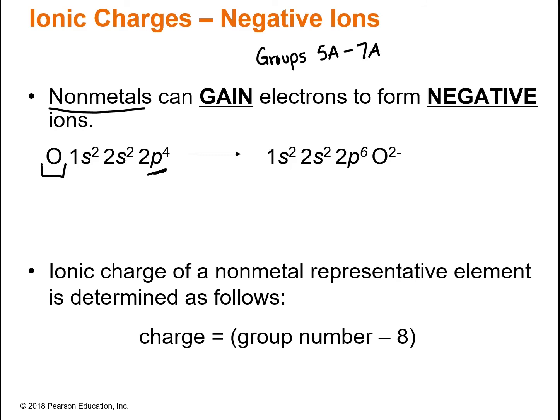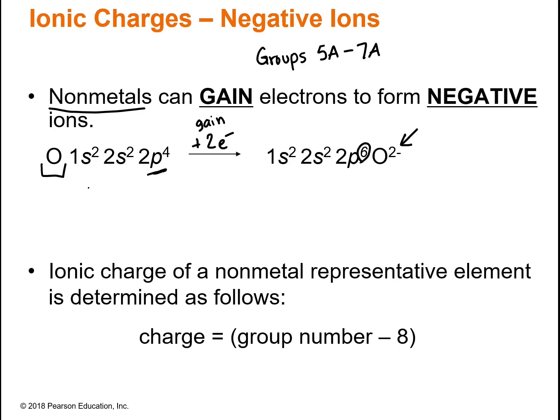We can hold a maximum of 6, and nonmetals want to gain electrons to complete that energy level. So we've added 2 electrons to complete oxygen, and now it has a charge of -2.